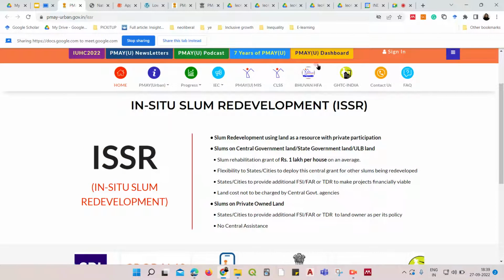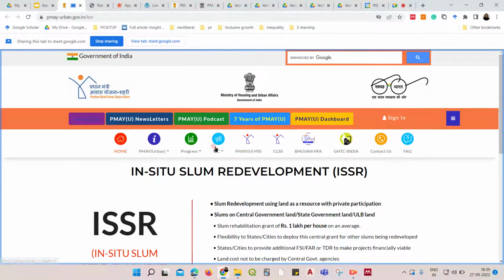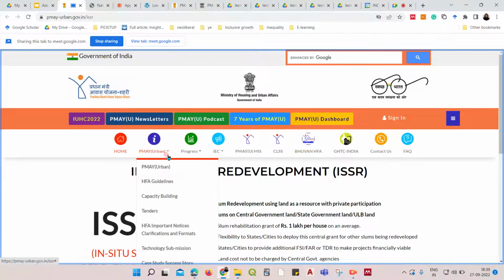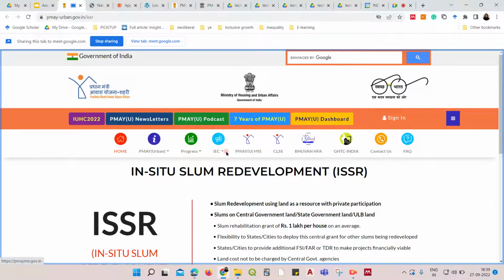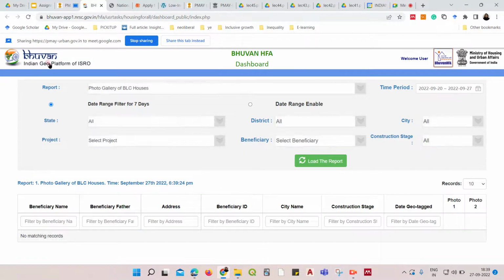So if you go back to the website, you can see here there are several options of various elements related to this project. This is actually the dashboard of the geo platform designed by ISRO, which we are talking about, and I think it is very clear from this dashboard which application we are talking about.